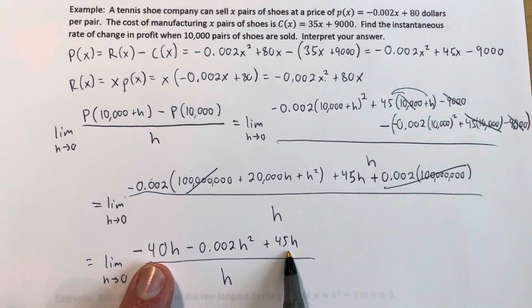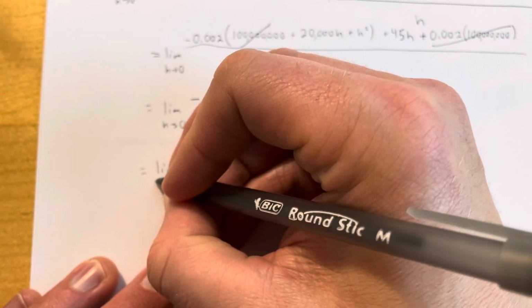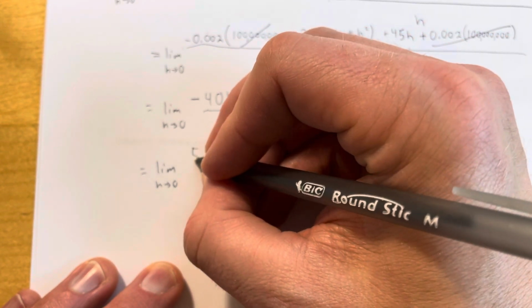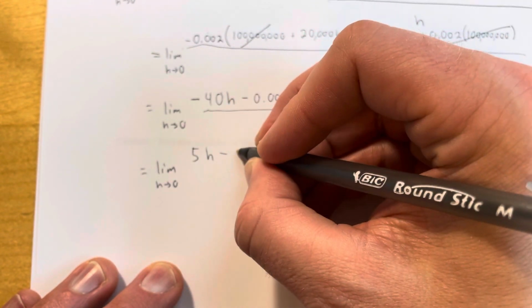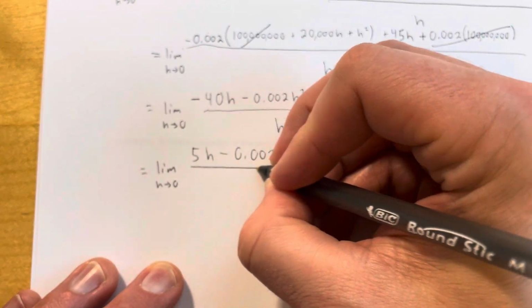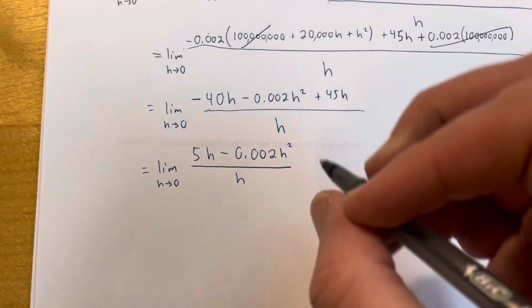I see like terms. Those can be combined. This is equal to the limit as h goes to 0. That would just become 5h. Minus 0.002 h squared all over h. And now we've done so much work on this, I can see where it's all going. I can see what's going to cancel.